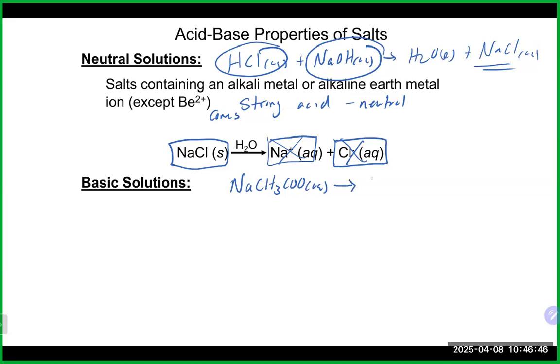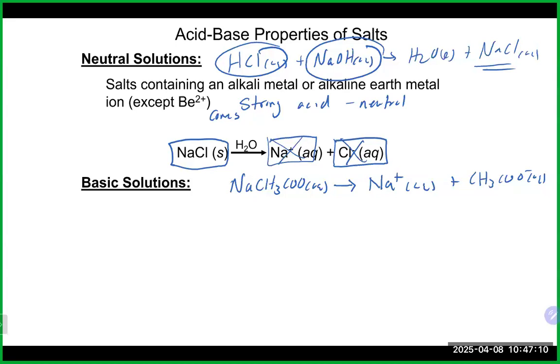And what's going to happen in this case is the sodium acetate would break apart into a sodium ion and an acetate ion. And usually when you're dealing with a salt solution, that's really what you want to think about: what are the ions this salt breaks apart into? And secondly, will any of those ions react with water and go through this hydrolysis sort of reaction?